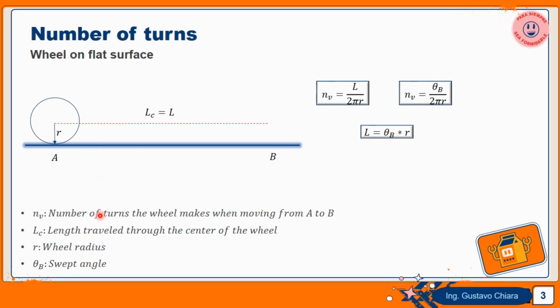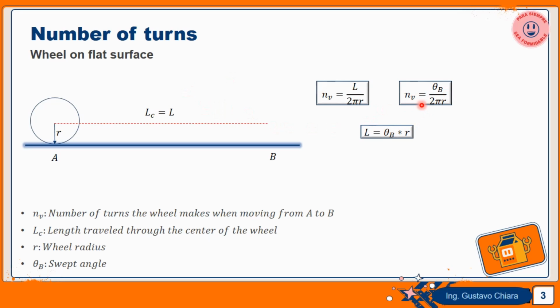Using the two formulas before, the number of turns is equal to the length traveled divided by 2πr, and the number of turns is also equal to the measure of the angle divided by 2π.